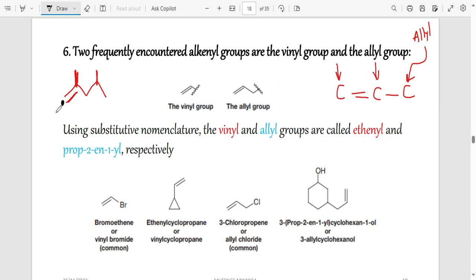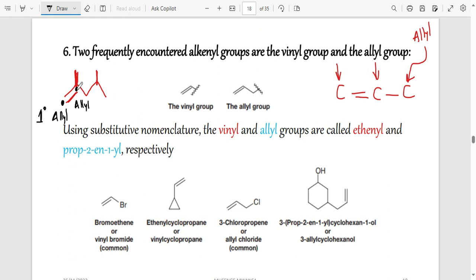So it is an allyl carbon. Even the hydrogens attached to it are allyl hydrogens. But because it is only bonded to one other carbon, we are going to say it is a primary allyl. This carbon here, it is in a double bond. So it is an allyl also.